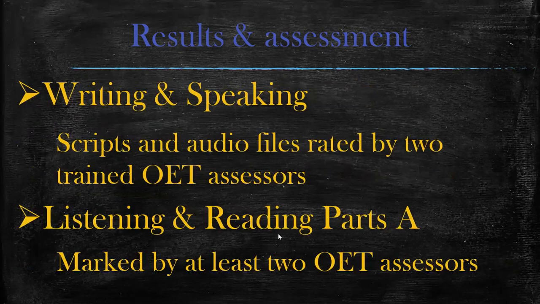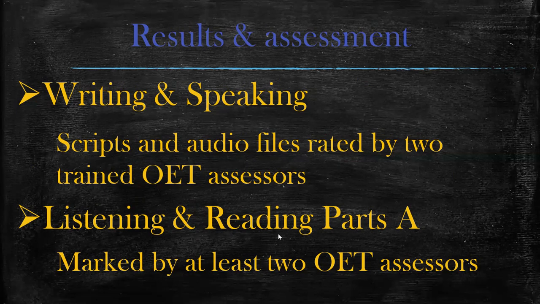The writing and speaking, how are they assessed? The script and audio files are assessed by 2 trained OET assessors. It's only in the case of candidates coming back for a remark that a 3rd OET assessor is engaged to look at either the script or the audio files.